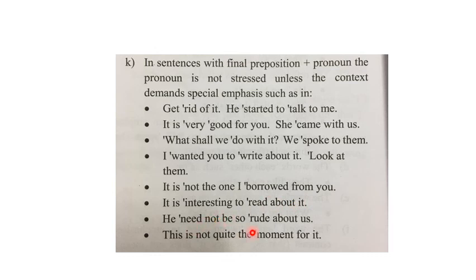He need not be so rude about us. Okay, so I have a verb and an adjective, the only two stressed words. The last example, this is not quite the moment for it. Okay, for it, again, preposition plus pronoun, no stress. Okay, and the stress is on the word moment because it is a noun.